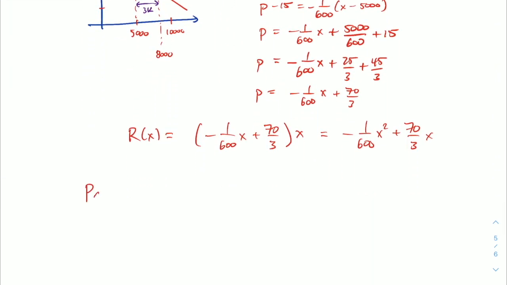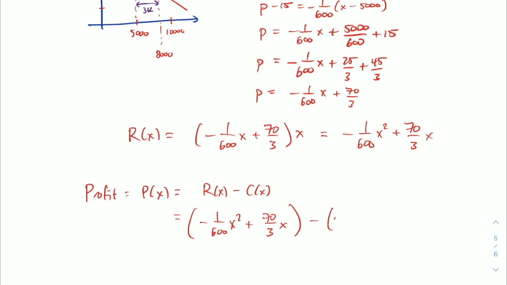Our profit, which we'll call P of X, is revenue minus cost, or negative 1 over 600 X squared plus 70 over 3 X minus 40,000 plus 4X.